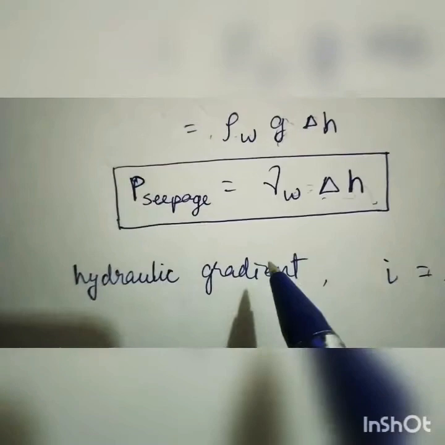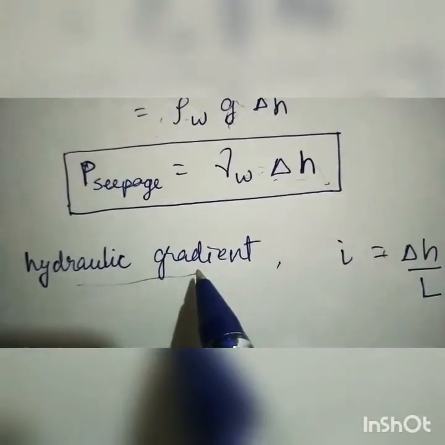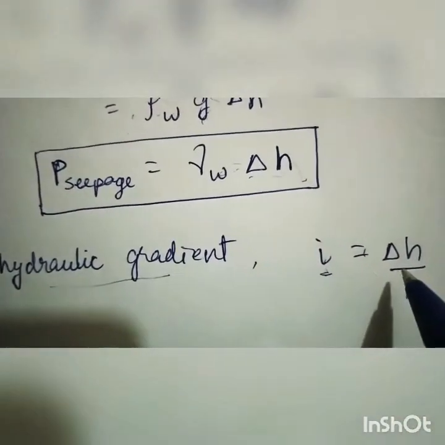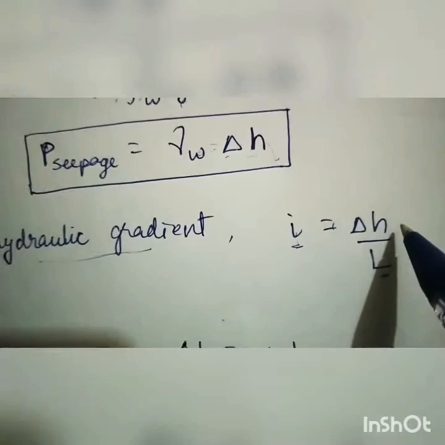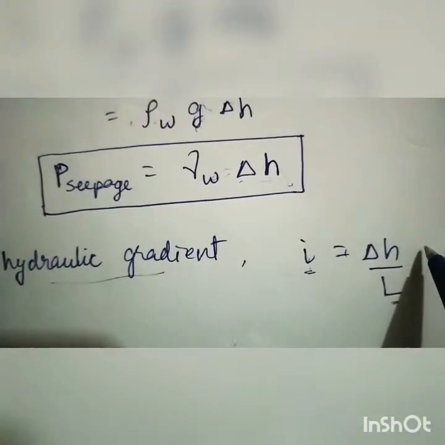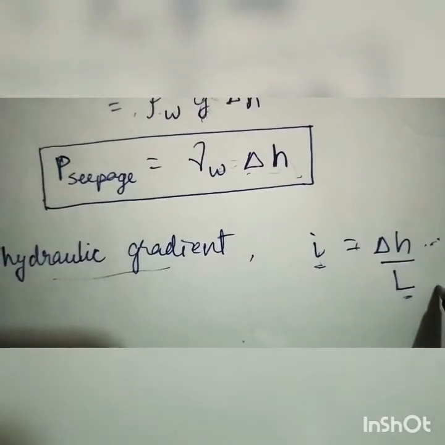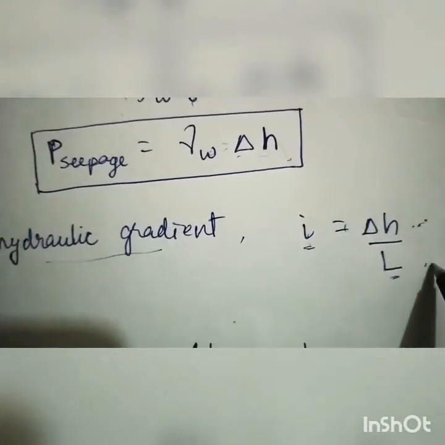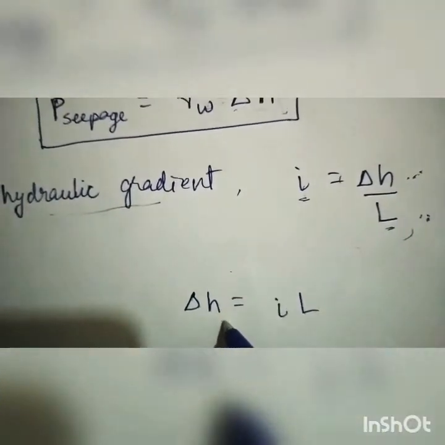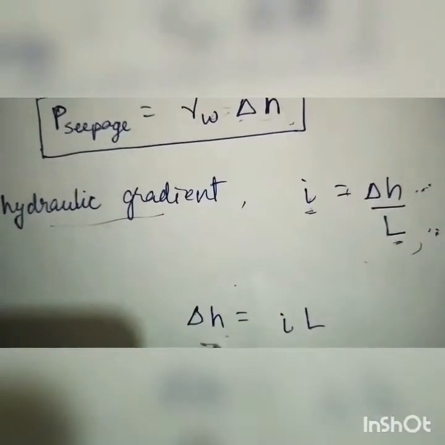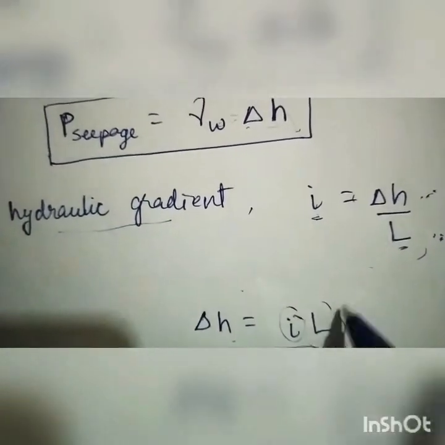Now there is one more term that comes here, which is hydraulic gradient, which is represented by i and is equal to delta H upon L, where delta H is the head difference we have seen already, and L is the thickness of the layer. So we can rearrange and write delta H is equal to iL, head difference is equal to hydraulic gradient into thickness of layer.